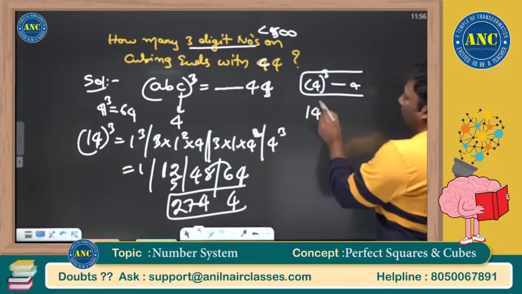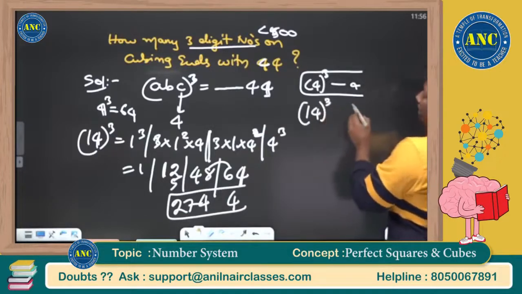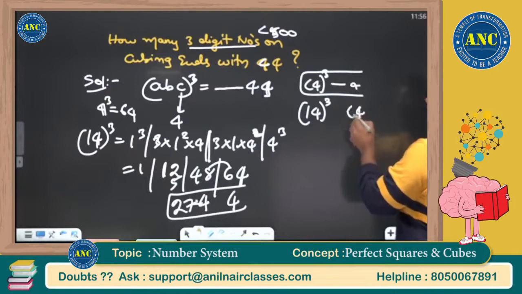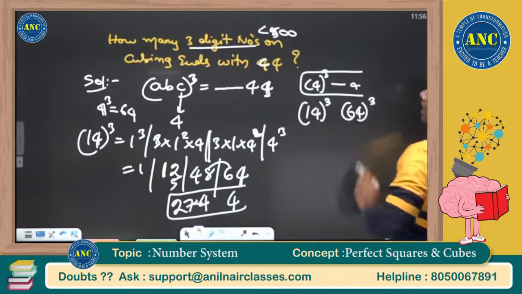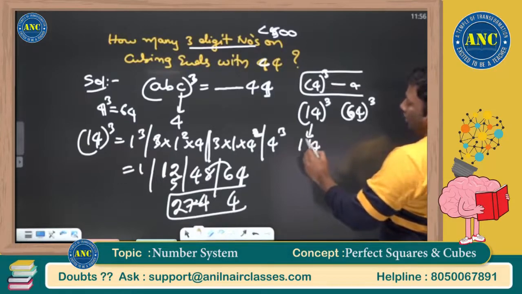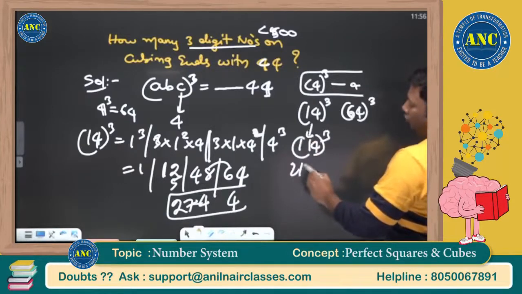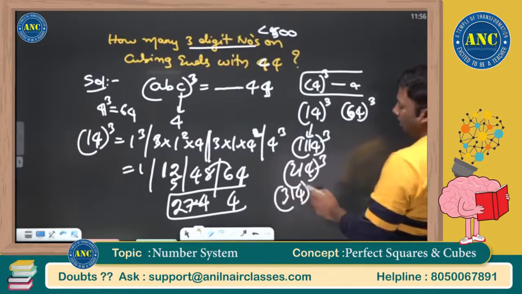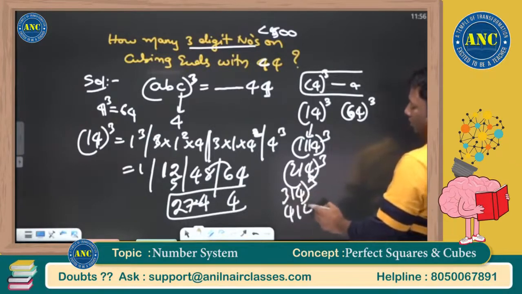So 14 cube I will get, 14 plus 50 is 64, 64 cube I will get. I want a three-digit number less than 500. 114 cube is possible, 214 cube possible, 314 cube possible, 414 cube possible.